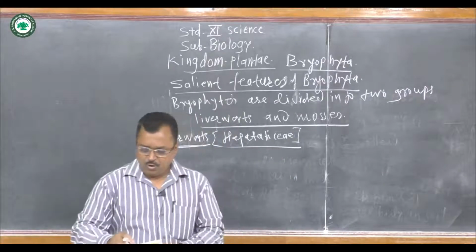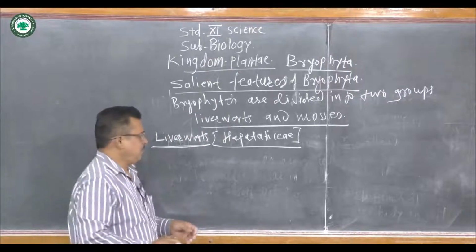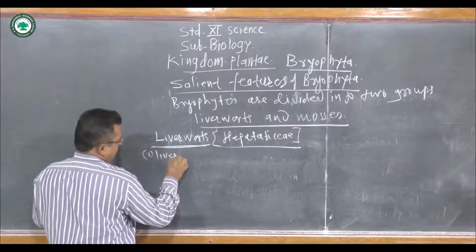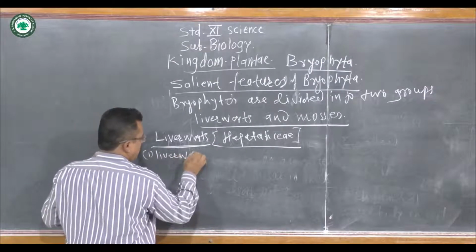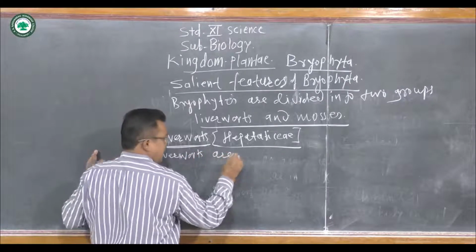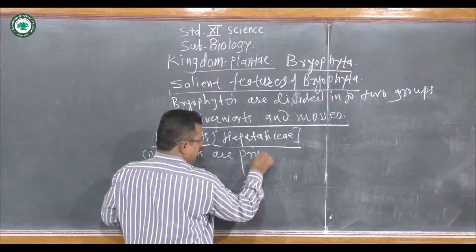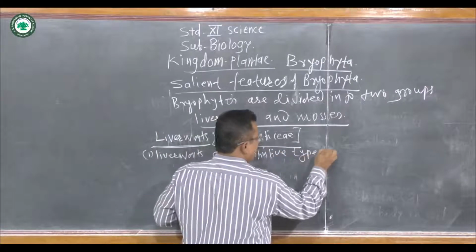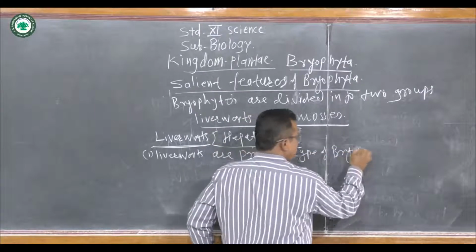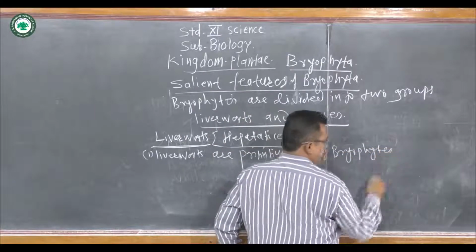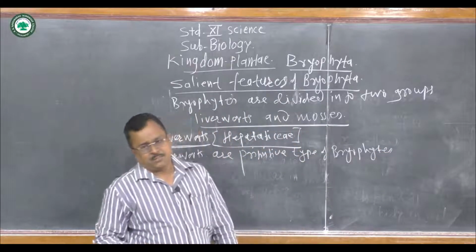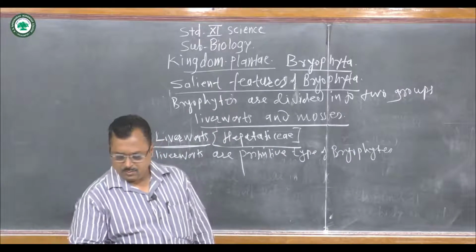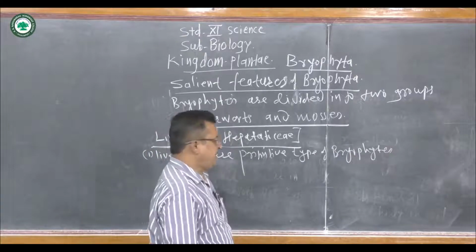Liverworts are a primitive type of bryophytes. Primitive type of bryophytes means the plant body is flattened, dorsoventrally flattened.